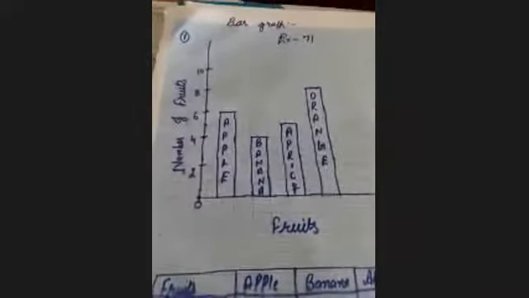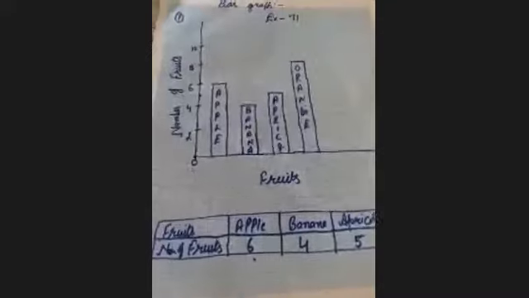Yes, students, this is the first question of exercise 7.1. This is a bar graph which shows the information given in the first question. The information is the number of different fruits in a fruit basket.